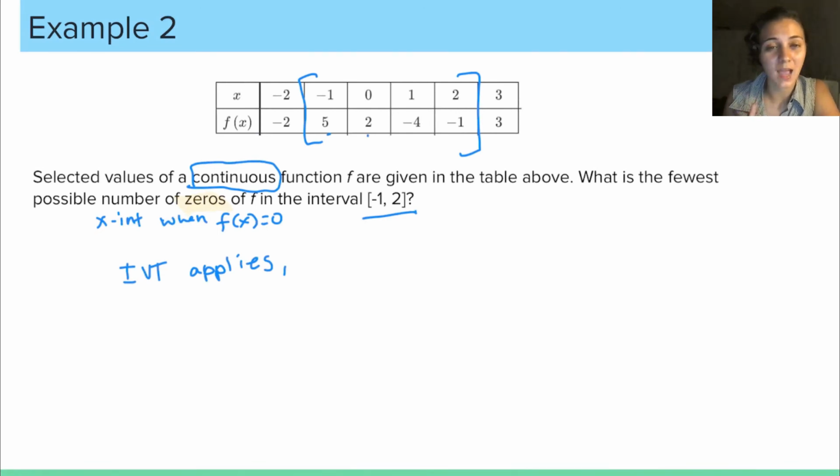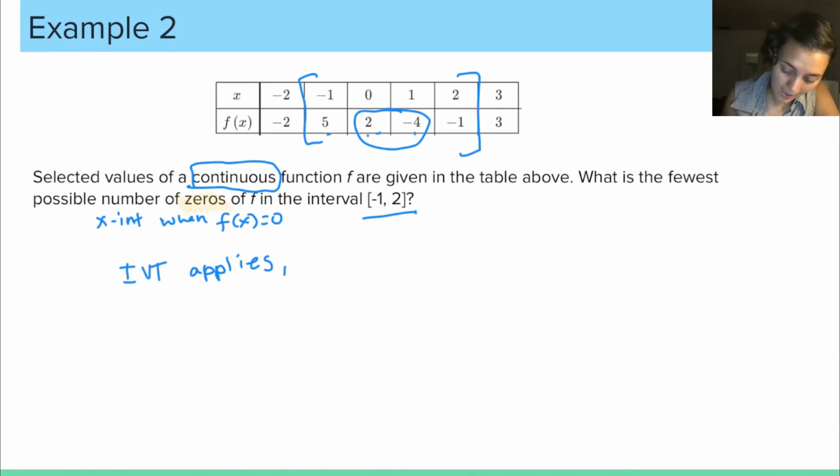So I can only count the ones that I know definitely happened. Between 2 and -4, in order to go from 2 to -4, I know that the function had to go through 0. So this is one time for sure. And then from -4 to -1, it could have gone through 0, but I don't know. So I can't count that.